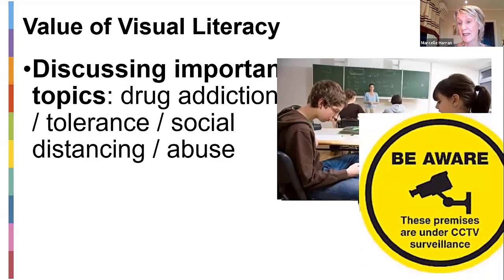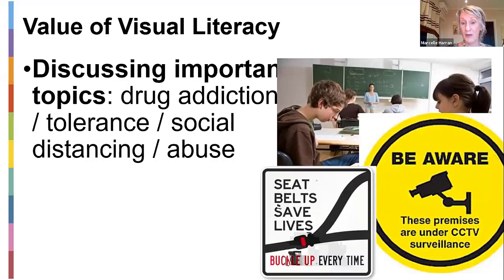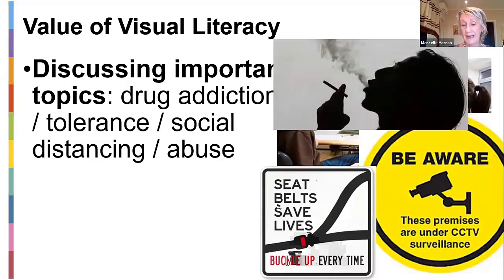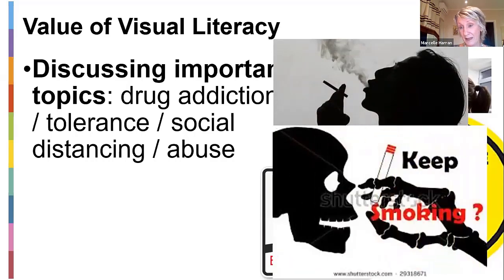The use of CCTV, surveillance in universities, in classrooms, in homes, to be aware of that, to talk about it, to know about the ethics of it. Why is it needed? Do we need them, really? What about seatbelts? Should we buckle up? Why is it important to buckle up? What about smoking? Okay, especially now that smoking is banned, what about the effect of smoking?